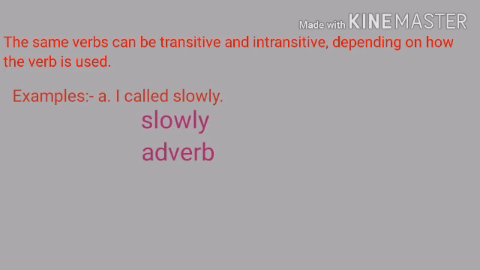But the same verb which is used as intransitive verb on one side, on the other hand, the same verb can be used as transitive verb, as in I called him.